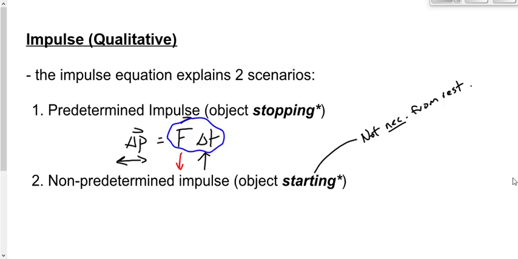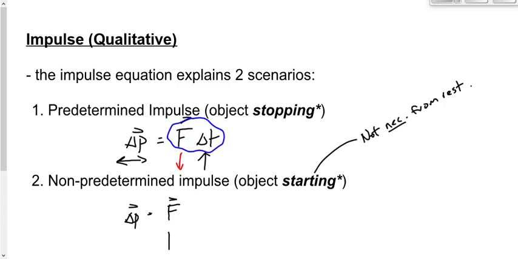What 2 factors do you think would control how much impulse I give to that golf ball or that baseball or whatever it is that I'm trying to get moving? The force, right? If you want to make the impulse more, which typically you do, then you want to hit it harder. You want to maximize that force.